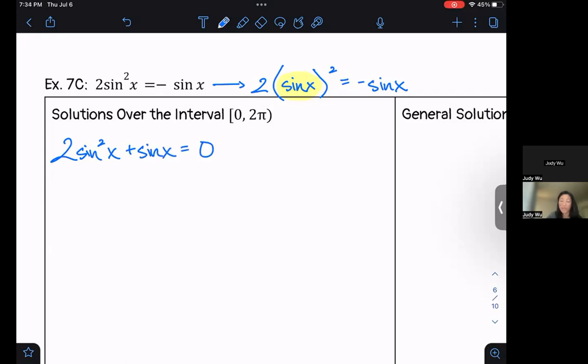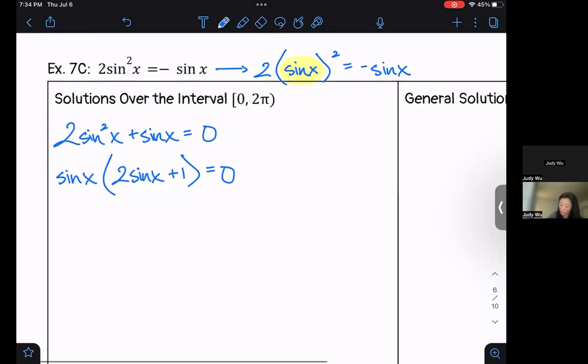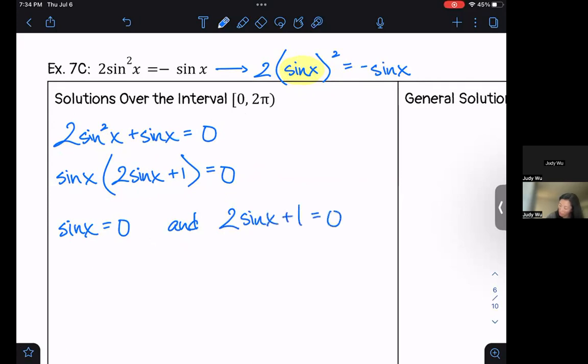I'm going to factor out the sine x: sine x times 2 sine x plus 1. Now I can use the zero product property. Sine x equals 0 and 2 sine x plus 1 equals 0.